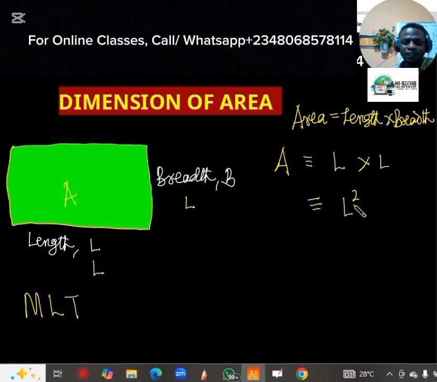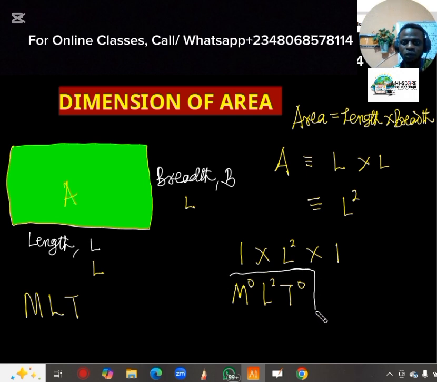So we can express L squared as 1 times L squared times 1. For us to make it to be in this form, we can write this one as M to power 0. Then we'll put down this L to power 2. Then this 1 can be written as T to power 0. So this is how we get the dimension of a physical quantity called area.